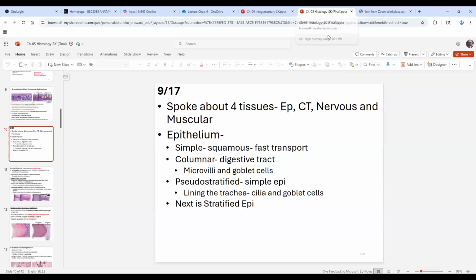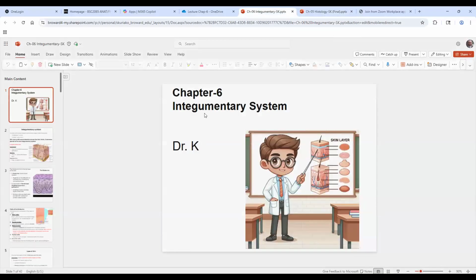We are moving a little bit with the skin. So let me open, let's see, integumentary system. Let me just pause for a second. Are you a medical doctor? Yeah. Share. Let me see. Share.